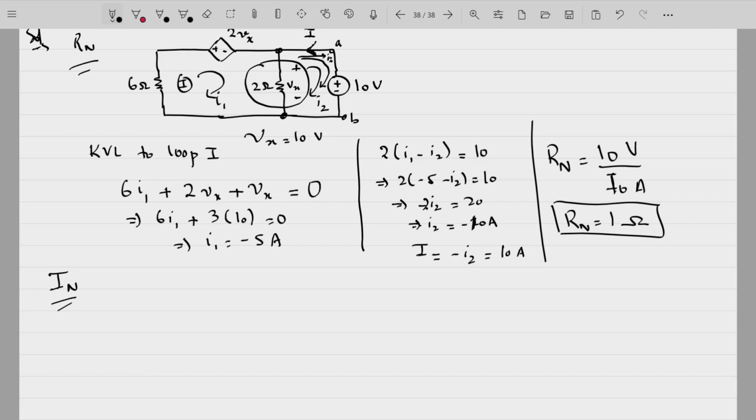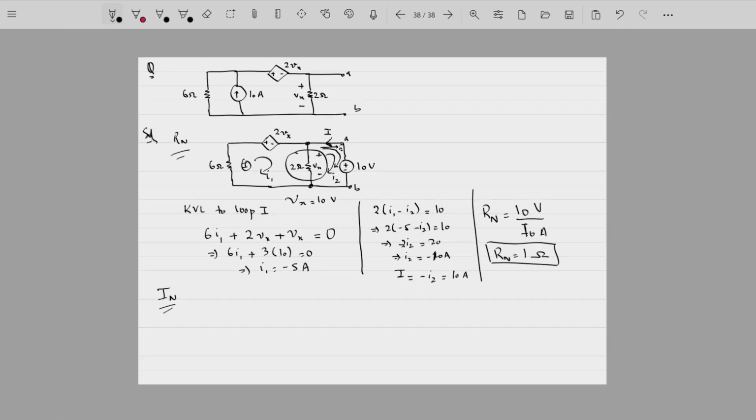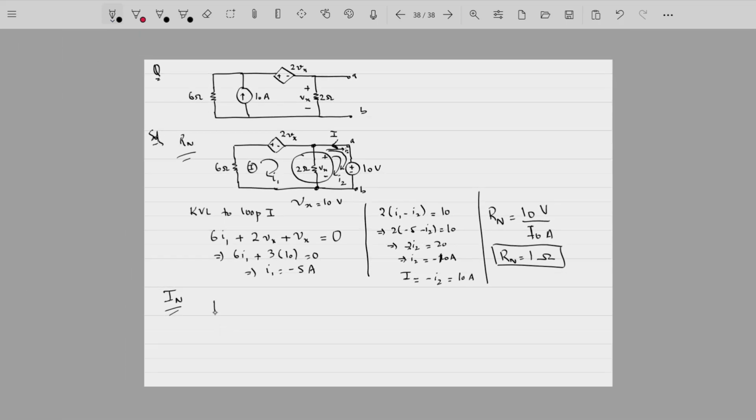To find out In, original circuit, this is your 6 ohm resistance, 10 ampere current source, plus minus 2Vx. This is 2 ohms. This is your terminal AB.